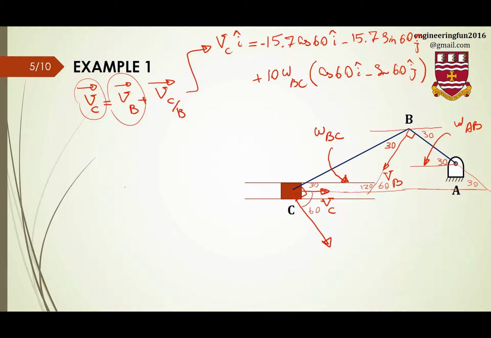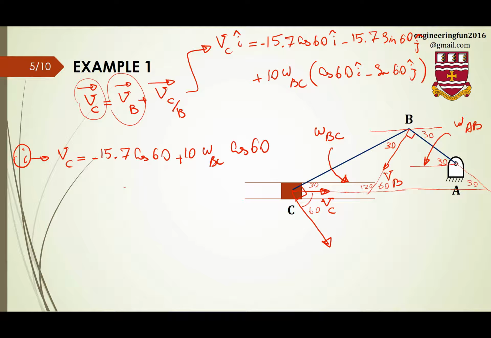Okay. So in the left side, the coefficient of I is just VC. Let's see what we have in the right hand side. We have minus 15.7 cosine 60, another I here, plus 10 omega BC cosine 60.